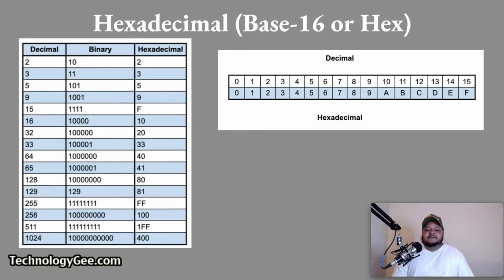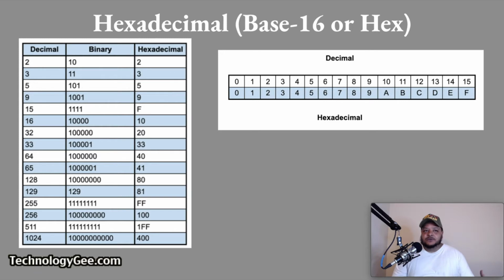Next, we have hexadecimal, also known as base 16 or simply hex. Basically, this is a positional system that represents numbers using a base of 16. So base 16 notation uses the following digits: 0 through 9, which are equivalent to values 0 through 9 in decimal notation.